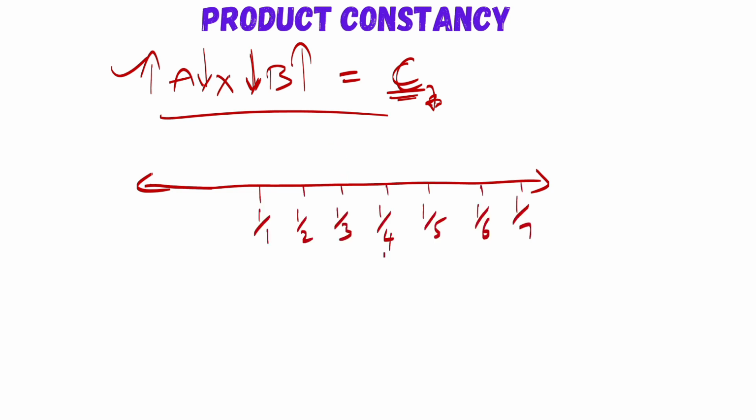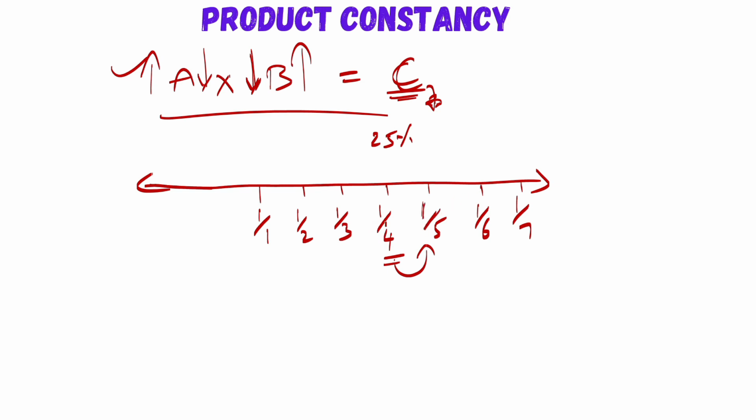Let's say A is increased by 1 by 4, right? 1 by 4 means 25%. So the percentage equivalent is 1 by 4. So if A is increased by 1 by 4, then by how much percent must B be decreased so that C will be constant? In order to find this, you just move one step towards the right side. So if A is increased by 1 by 4, that means 25%, B must be decreased by 1/5, which is 20%.